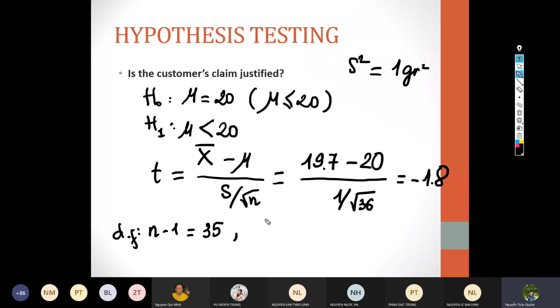Now we will determine the level of significance. For example, we take the level of significance of 5%, like the previous case. So what will be the critical value?